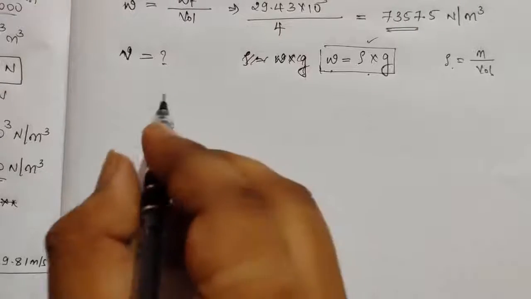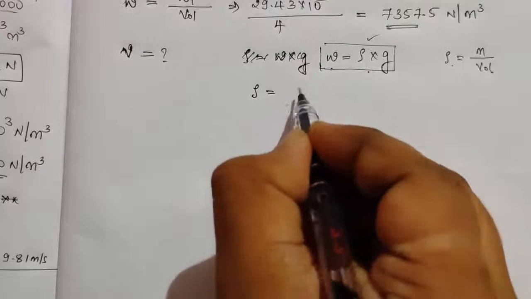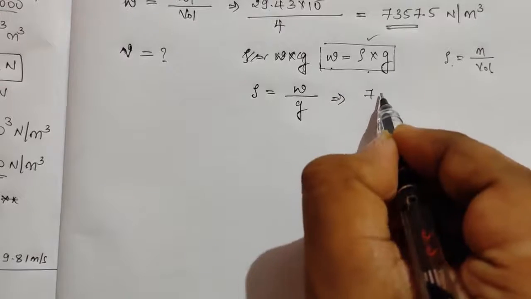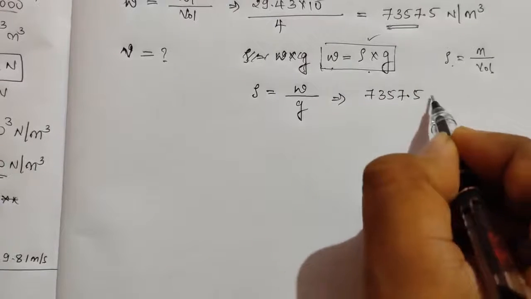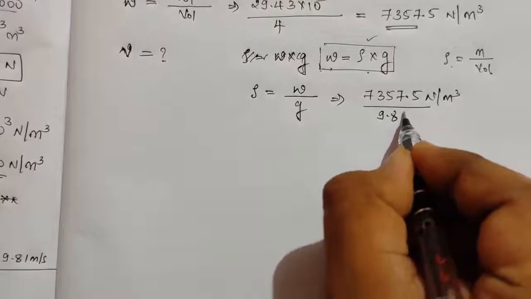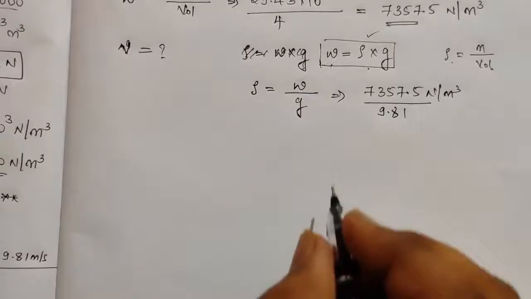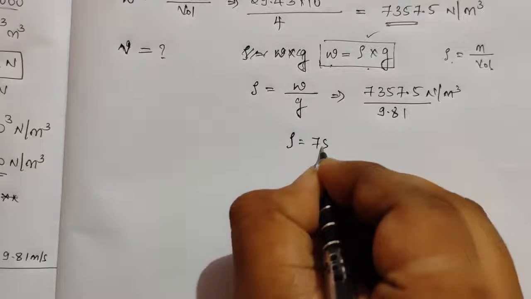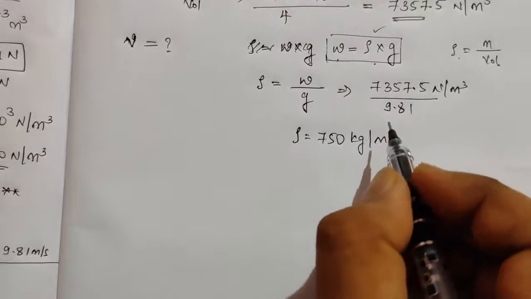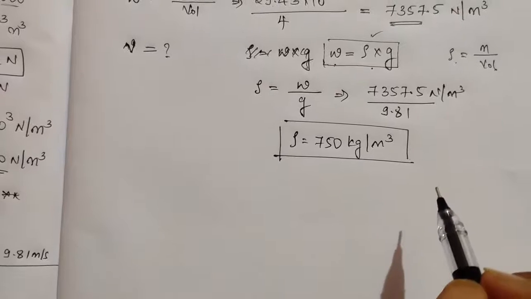So I know the weight. Now what I need is density. Density is equal to specific weight by gravity. Specific weight is 7357.5 Newton per meter cube divided by gravity, 9.81. If I divide that by 9.81, I am getting your density as 750 kg per meter cube. This is the value of density.